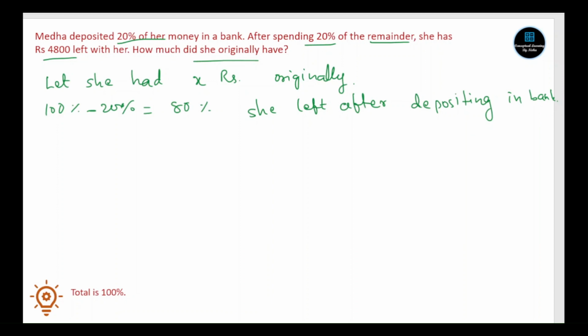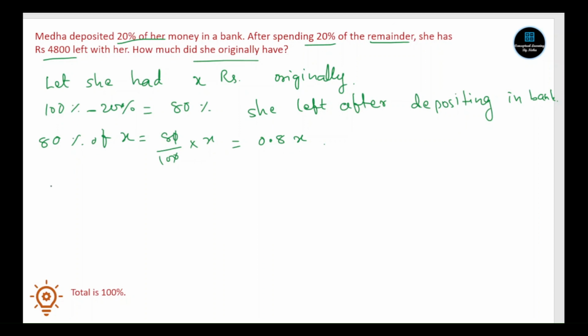Now, 80% of x is what? 80% of x is equal to 80 upon 100 times x. The 0 cancels and I can write this as 0.8x. Now she is spending 20% of this 0.8x and she is left with 4,800.